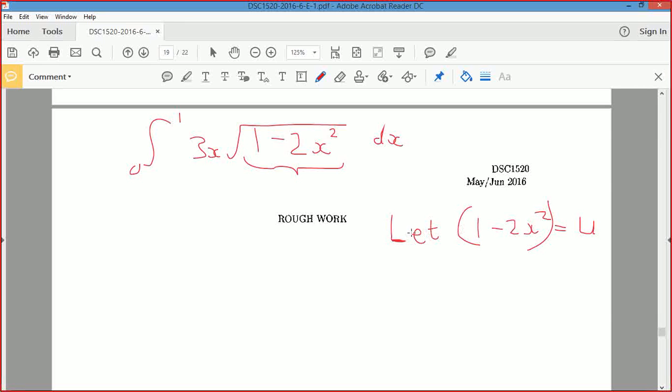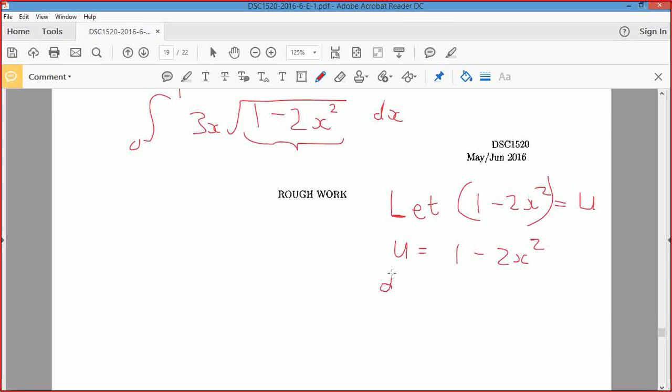So if I've got u equals 1 minus 2x squared, I want to know what du over dx is. So I'm deriving u in terms of x. du over dx is going to be minus 4x.